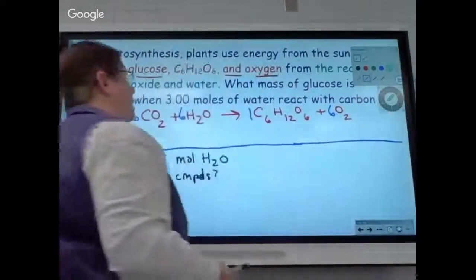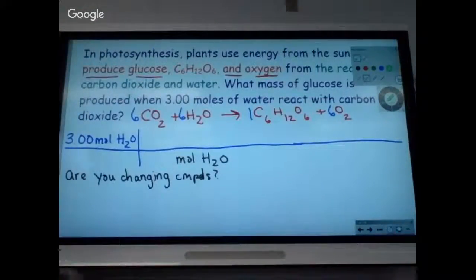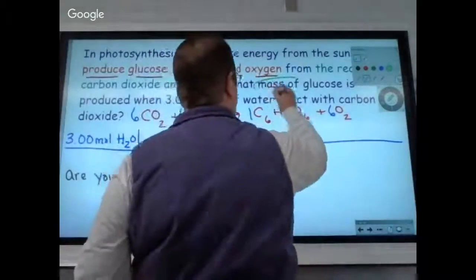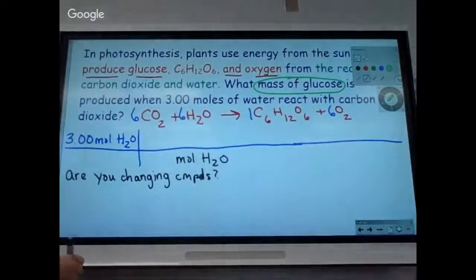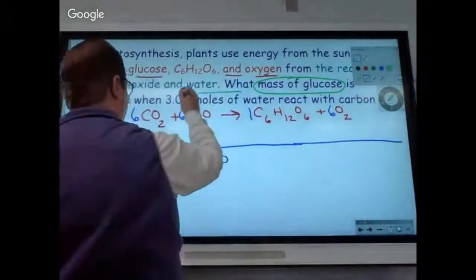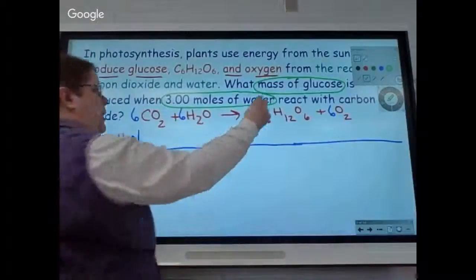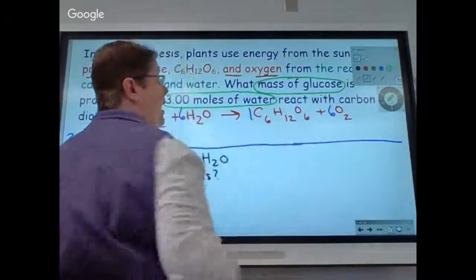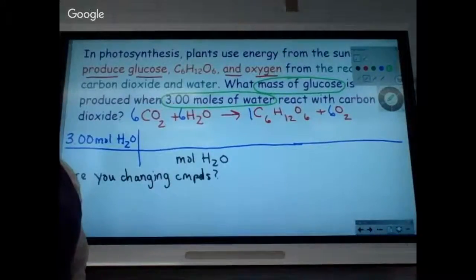Thank you. All right. So, what are we finding? Glucose. We're finding the mass of glucose. So, do we need to change compounds? We're in water, and we need to get to what? Do we have to change compounds? Yes. We have to change compounds to get to glucose.